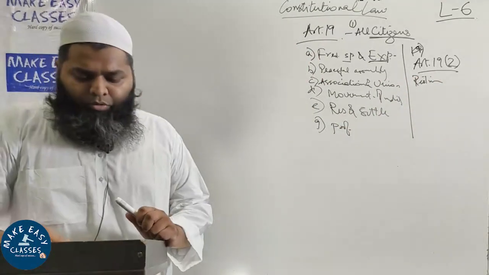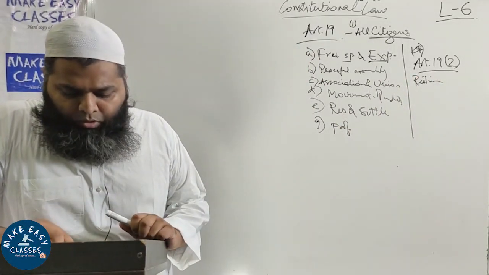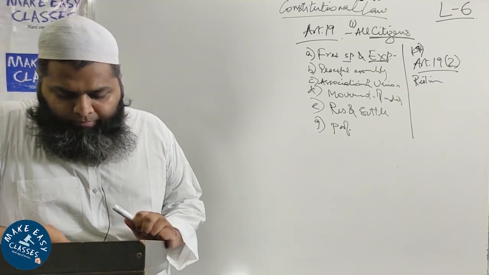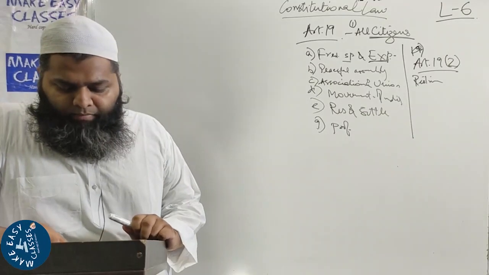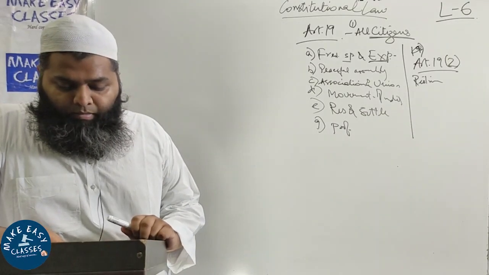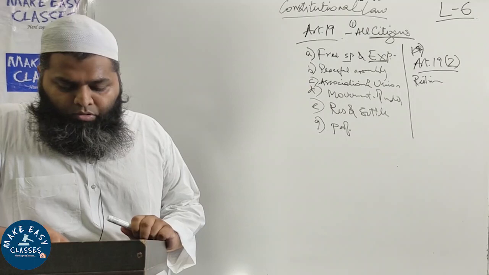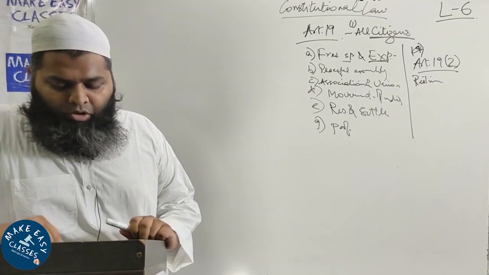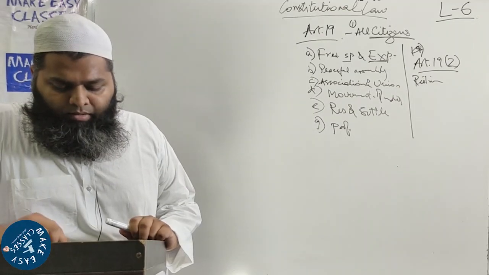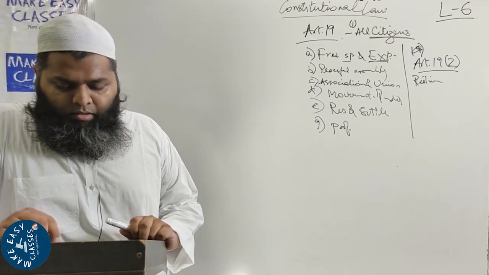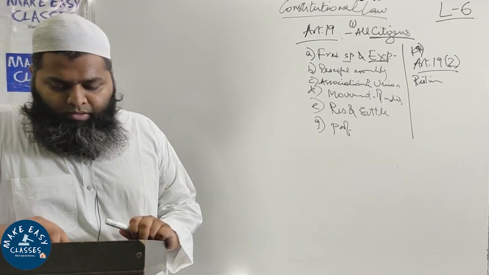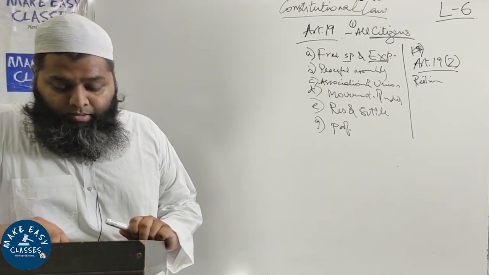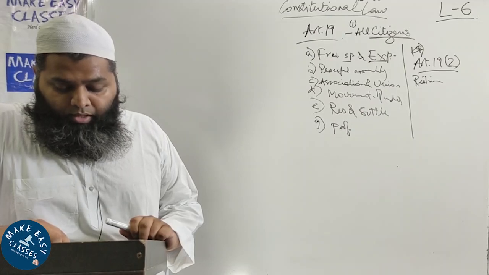So Article 19 provides that nothing in subclause A to G of clause 1 shall affect the operation of any existing law, insofar as such law imposes reasonable restriction on the exercise of the rights conferred by the said subclause in the interest of.